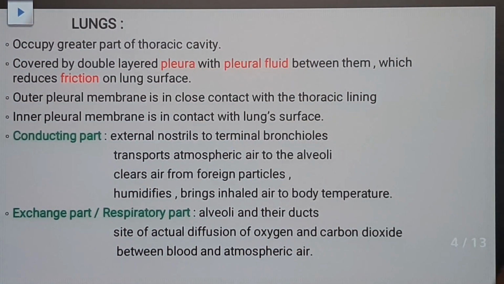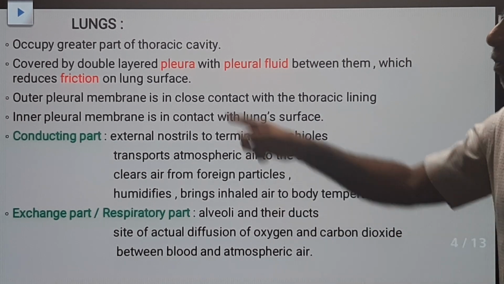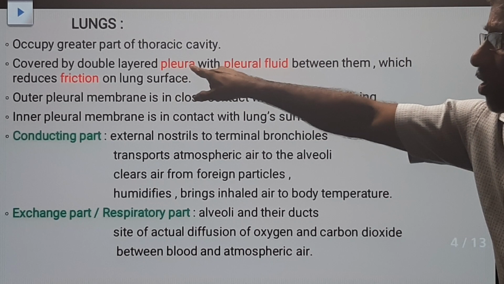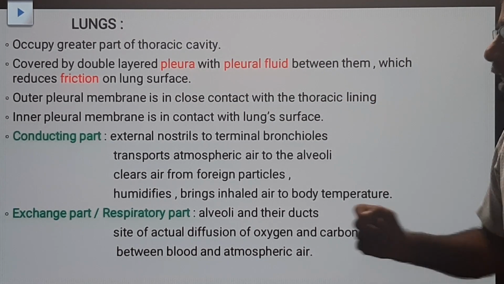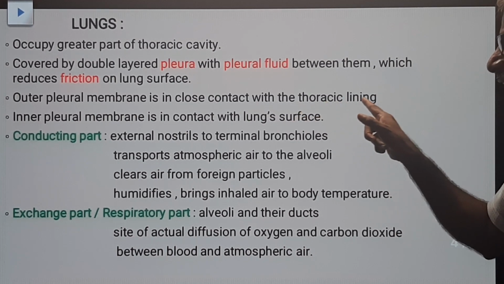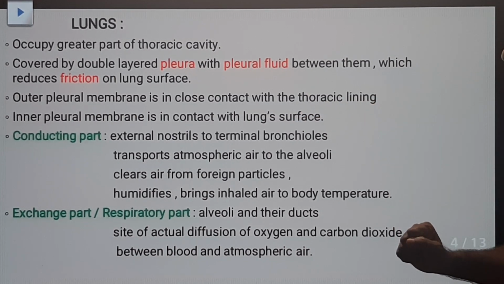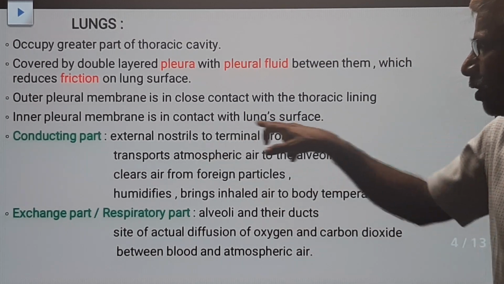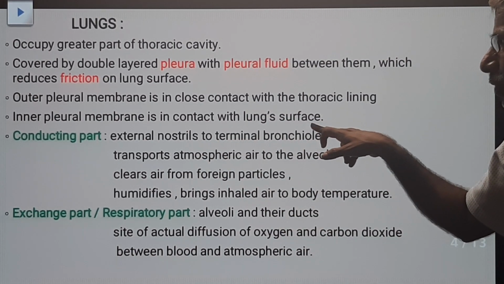The lungs are covered by a double-layered structure called pleura. In the pleura, the outermost layer is called the parietal layer, which is attached to the thoracic chamber. The innermost layer is called the visceral layer, which is attached to the surface of the lungs.